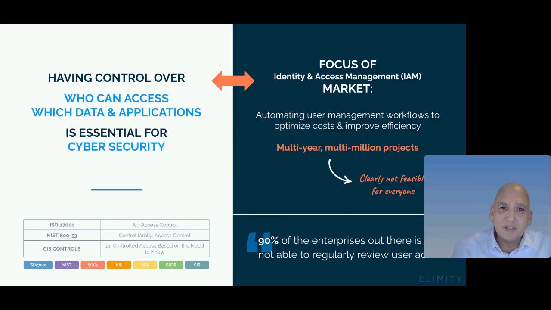So Elimity focuses on the essentials of user access and identity governance. And this means ensuring visibility of your current users and their permissions, so you know who can do what. And with this information, IT and the business can review and clean up these accounts and permissions. With Elimity, the process of visibility and taking corrective actions is implemented as an ongoing process.